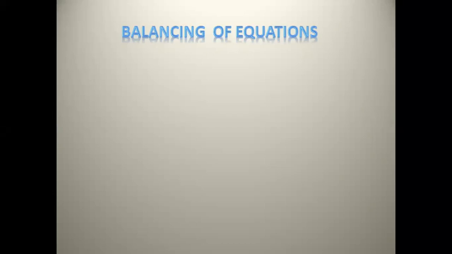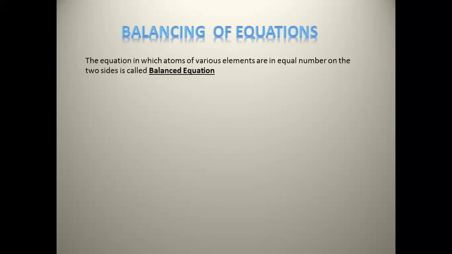But in a balanced equation, atoms of the various elements are in equal number on both sides. It means the number of atoms on the reactant side as well as on the product side must be equal. That equation is known as a balanced equation.